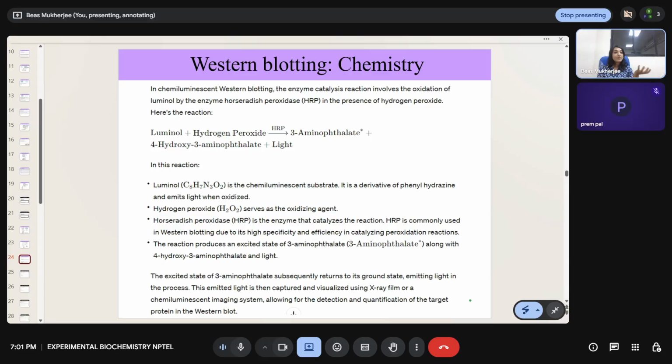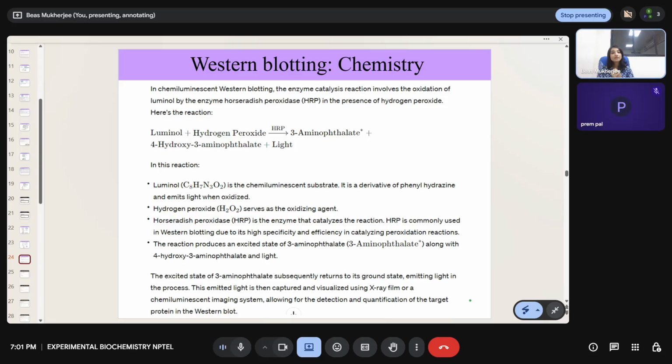It is taken from a plant, okay, and in the presence of hydrogen peroxide, okay. So here's the reaction. So there is luminol, there is hydrogen peroxide, and that forms this 3-amino phthalate and this 4-hydroxy 3-amino phthalate and light.